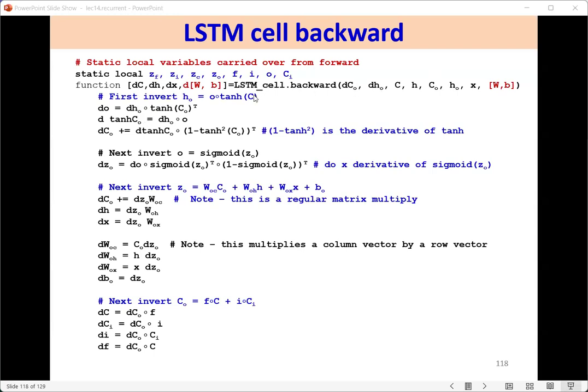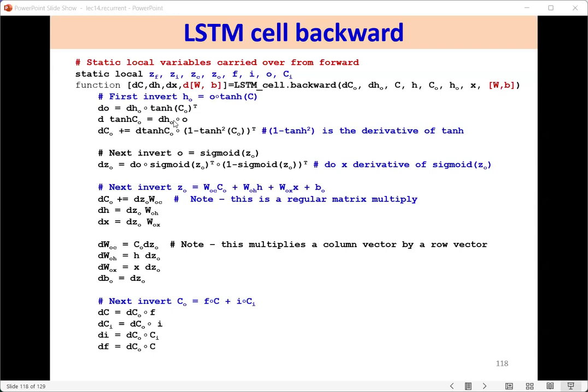So inverting this, DO is going to be DH times tanh(C), and DH is available, right? You can see how I just wrote this backwards. Then this one, if I thought of it as a variable, D tanh(C) is simply going to be DH times O. So do you see what these three terms are right here?